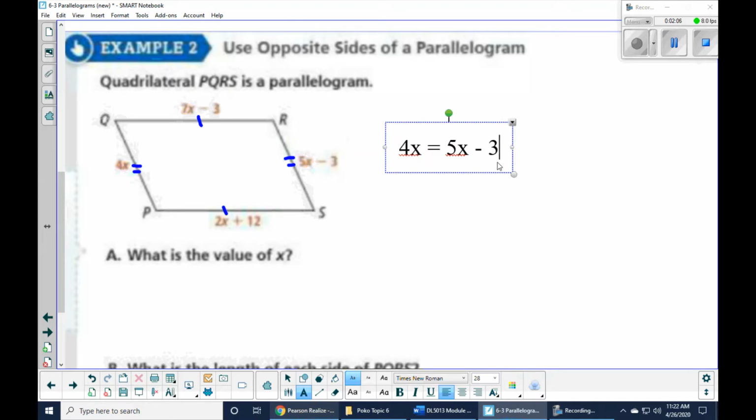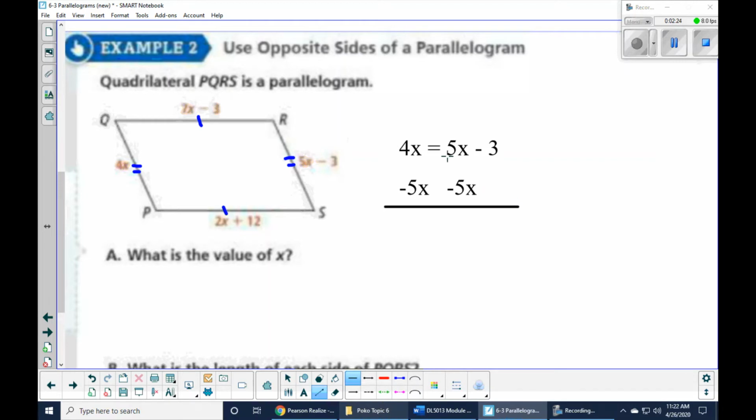Okay, so we want to get all the x's on one side, right? So since we have an x over here and an x over here, we want to subtract. Let's subtract 5x from both sides. That way, once we do that, we have a new equation.